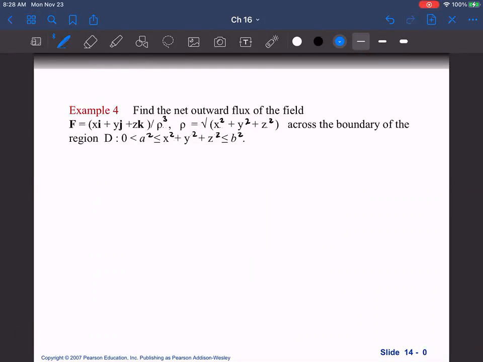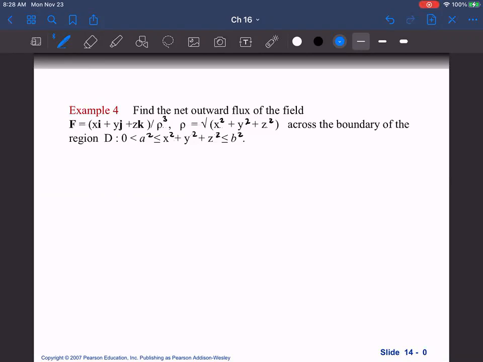This one's really interesting. It says, find the net outward flux of the field F equals xi plus yj plus zk over rho cubed, where rho is just the square root of x squared plus y squared plus z squared, across the boundary region a squared is less than or equal to x squared plus y squared plus z squared is less than or equal to b squared.